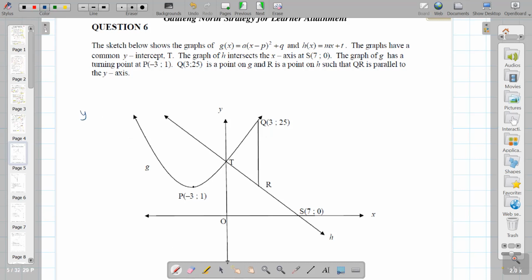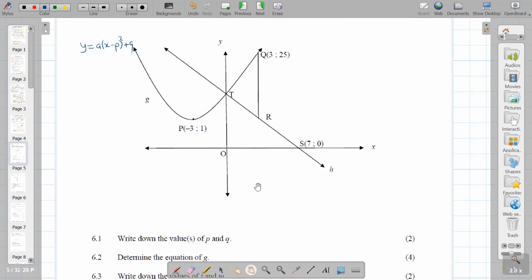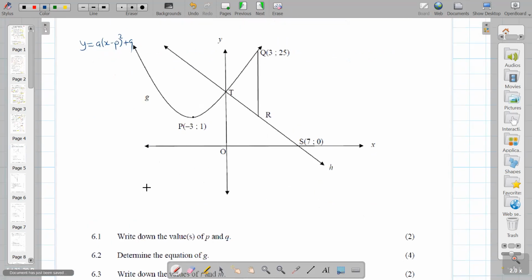Let me just write that function equation. It is given as y is equal to a(x minus p) square plus q, in turning point form. Okay, that's given. Let's see what the first question is. The first question is asking for p and q. Is p -3 or 3?